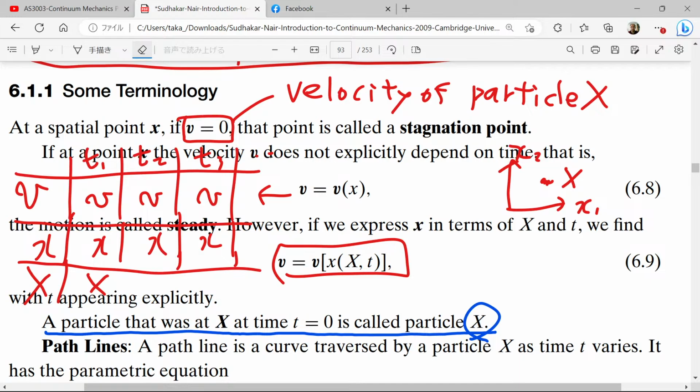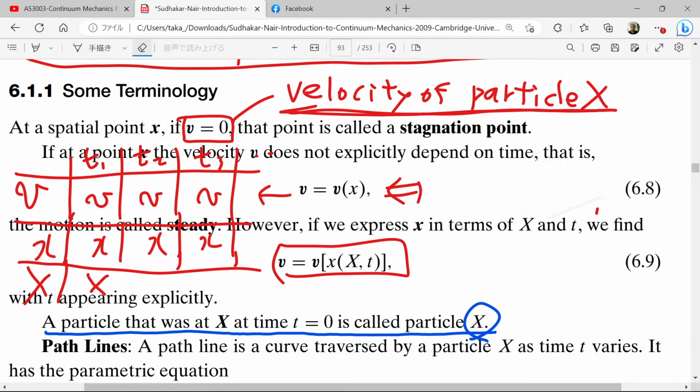I think this is not velocity. Okay, if you follow this textbook carefully, this means this. But I think this shouldn't be a particle. This shouldn't be a particle x.